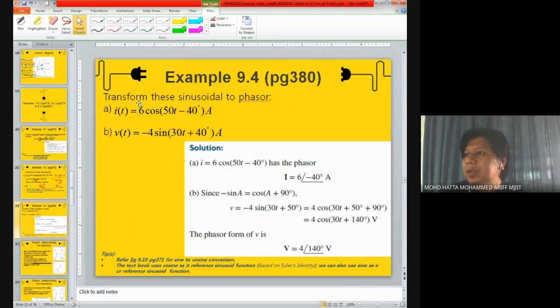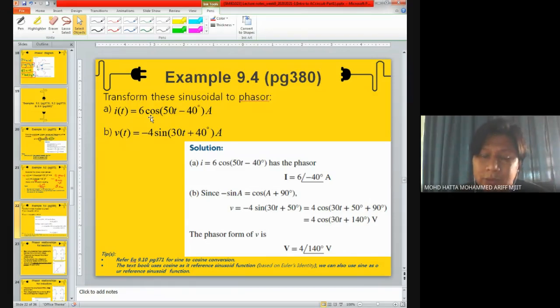It says here, for example, 9.4, you need to transform the sinusoid into phasor. So actually, we have done it earlier in example 9.2, based on the strategy that I suggested just now. Again, if you try to transform from sinusoid into phasor form, if the sinusoid is in cos, you need to convert to sine if you consider sine as your reference.